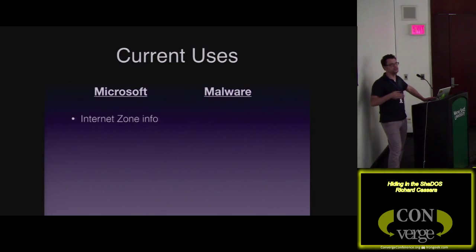If you want to run it, you need to go into the properties and uncheck a little box that says I trust this, and then we can run it. That's tracked by a stream attached to the file. There are also the favicons for your bookmarks in IE, which are kept as a stream on those links. And additionally, a lot of the summary info for a file can be kept in a stream.